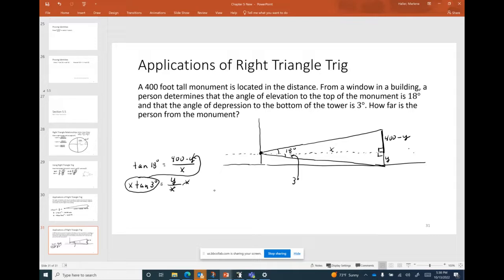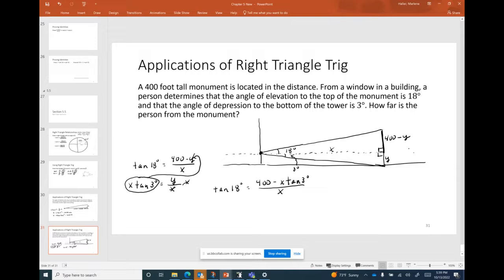So let's rewrite that. Now I have the tangent of 18 degrees equals 400 minus, not y, but x times the tangent of 3 degrees, all over x.